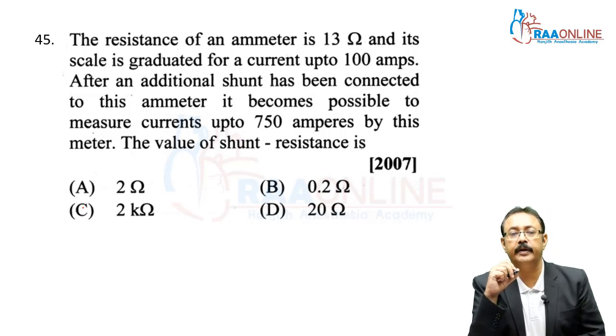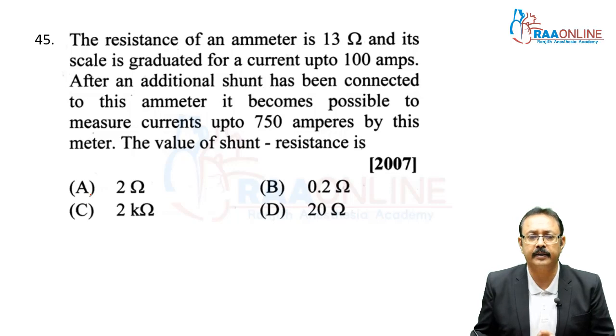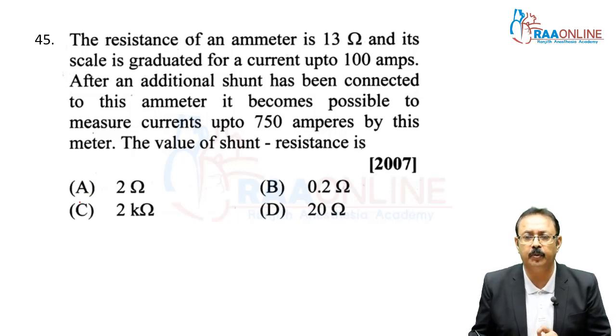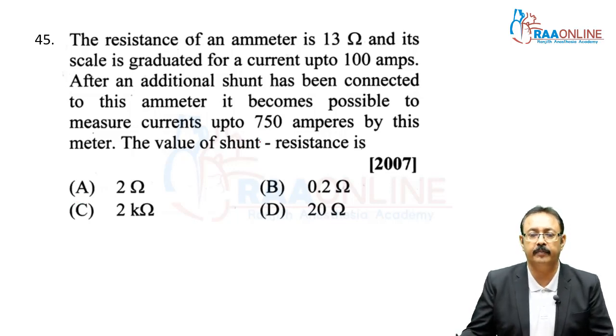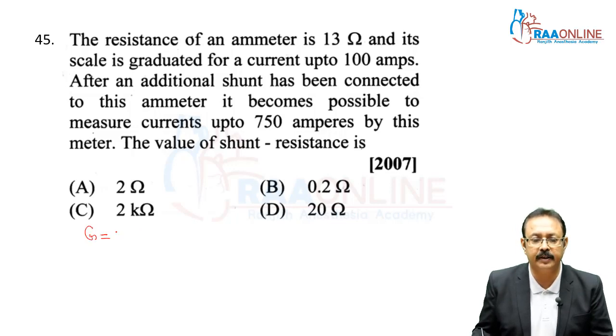2007 AIPMT. The resistance of an ammeter is 13 ohm and its scale is graduated for a current up to 100 ampere. What additional shunt is needed to make it a 750 ampere ammeter? It means now 13 ohm will play the role of resistance of the galvanometer. Ig is now 100 ampere. You want to measure current up to 750, so you need a shunt.